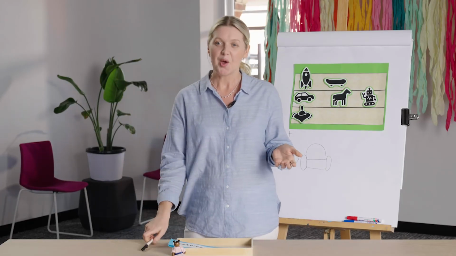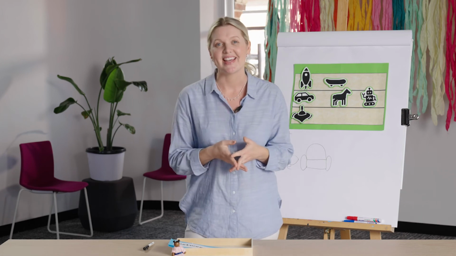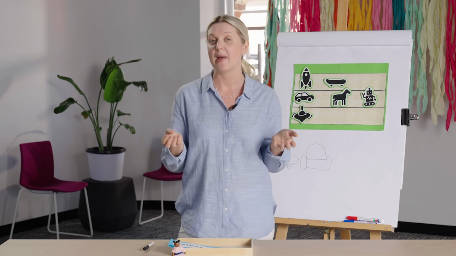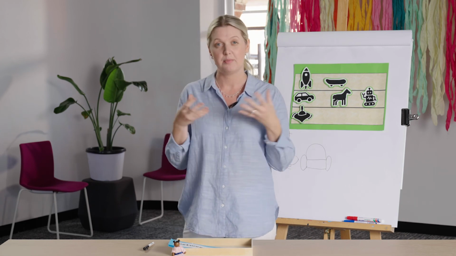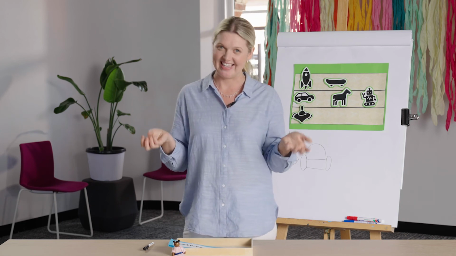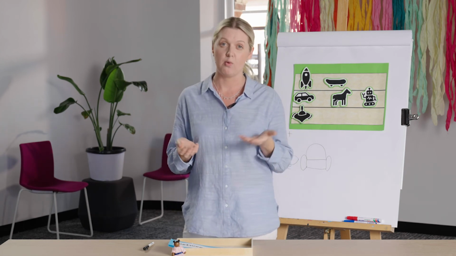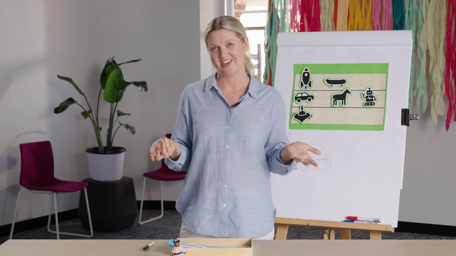Now, today we learnt about the mathematical concepts of location and direction. Remember, when we talk about location, we're thinking about the position or where something is. And when we are talking about direction, we're talking about the way to move or where to go.